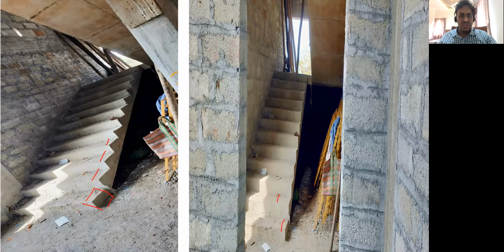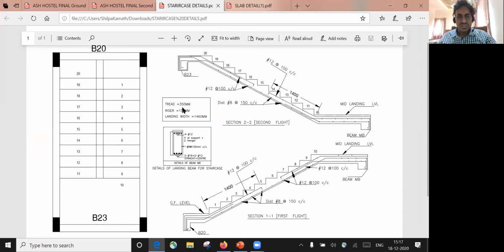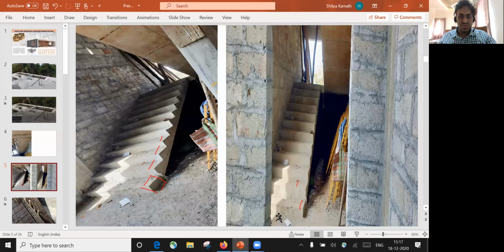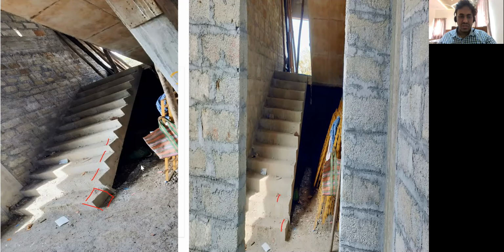And it is mentioned the thread has to be how much? The thread is 300 mm. The thread that we are providing, that means one foot, 300 mm, so it has to be 300 mm.